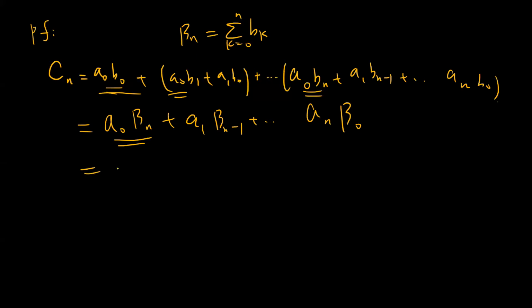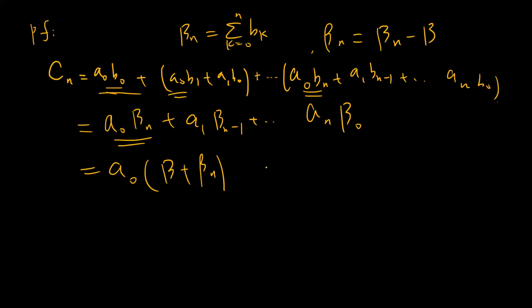Okay, so let's define beta n. Beta n is Bn minus B. So large Bn is defined to be beta n plus B, right?